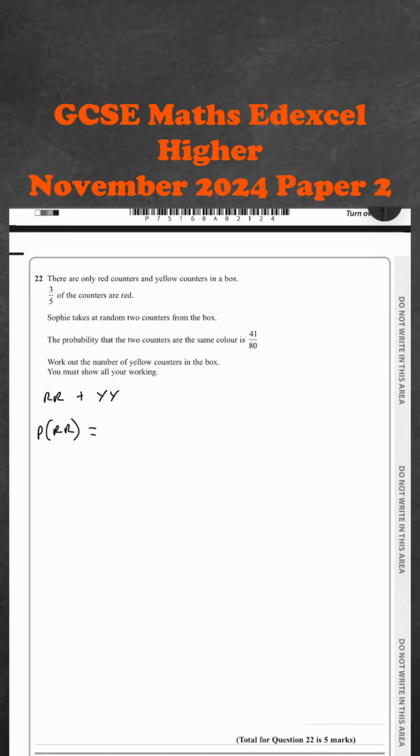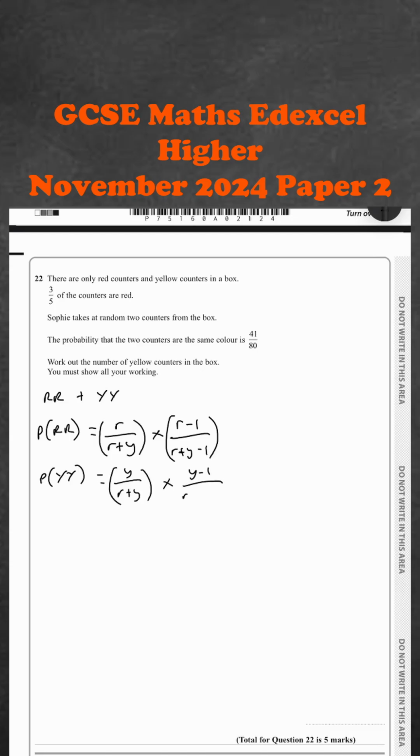It's going to be basically R out of R plus yellow, which is your total number in the bag, multiplied by R minus 1, because one has now come out of the bag, over R plus yellow minus 1. And similarly, the probability of YY is going to be yellow out of R plus yellow, multiplied by yellow minus 1 over R plus yellow minus 1.